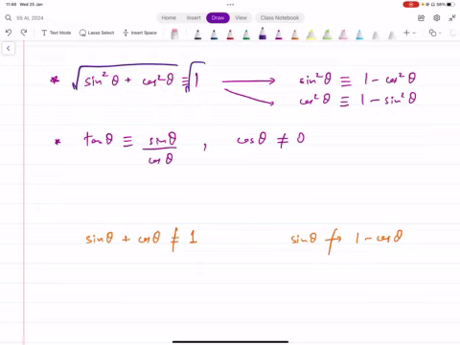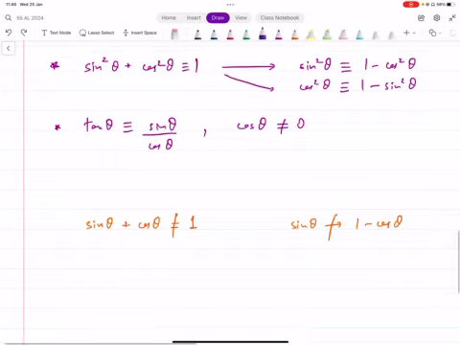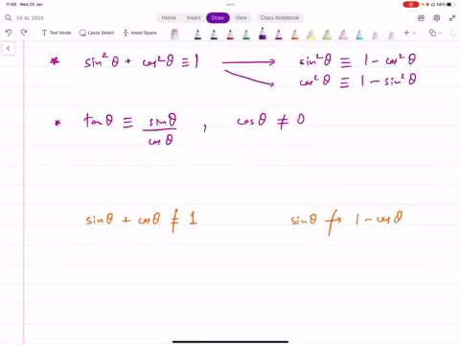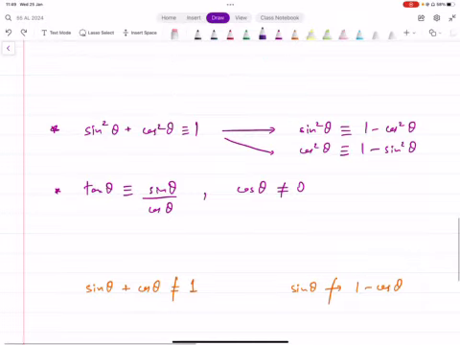There's no way to simplify what you have on the left hand side. You can't get rid of the powers. There's a plus sign in the middle. You could only do that if there was a product here. Then you could get rid of these squares, but there's a plus here, so you can't do anything with it. So this identity only works with squares, not single powers. Make sense?